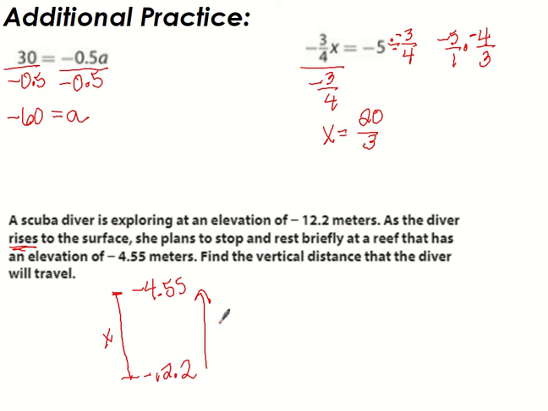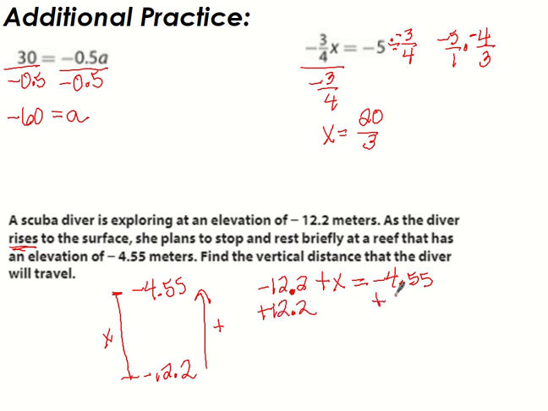So what they're asking is, what is this? Since we're rising, that's a positive. So our equation would be negative 12 and 2/10 plus x, because we're rising by an unknown distance, to get to negative 4 and 5/10. So remember, if we're adding a negative, it's really the same thing as adding the opposite of it.